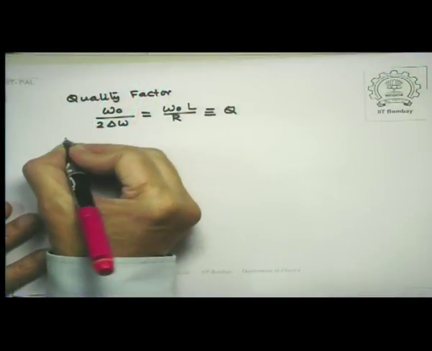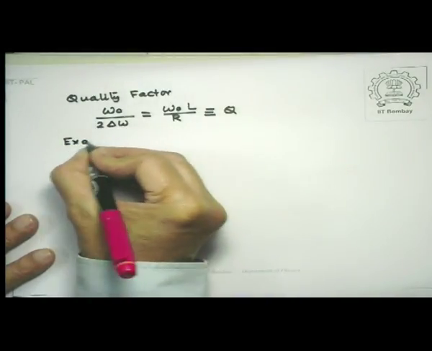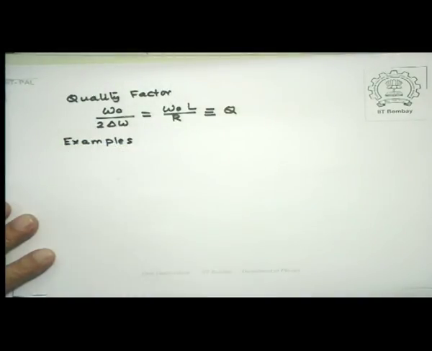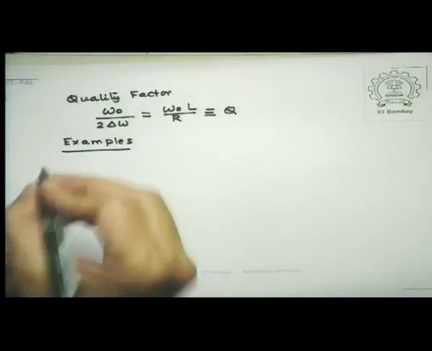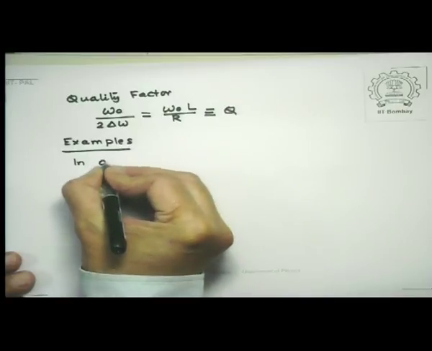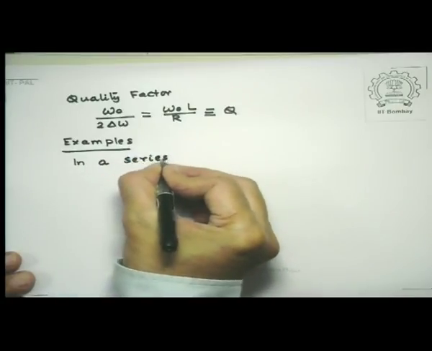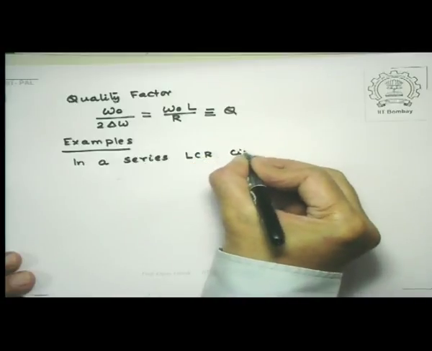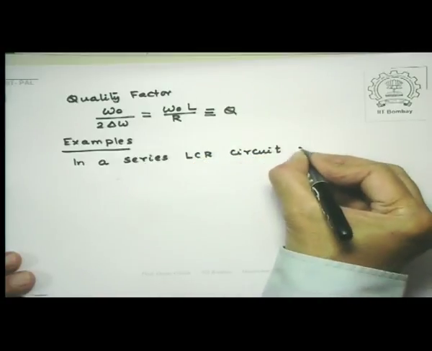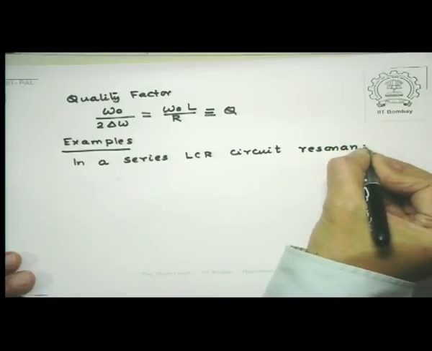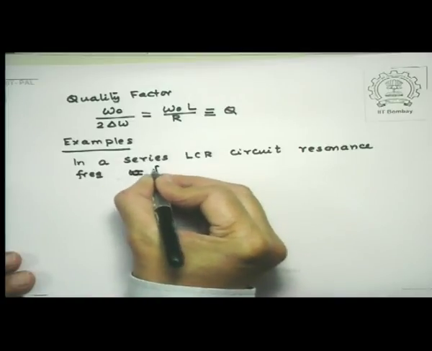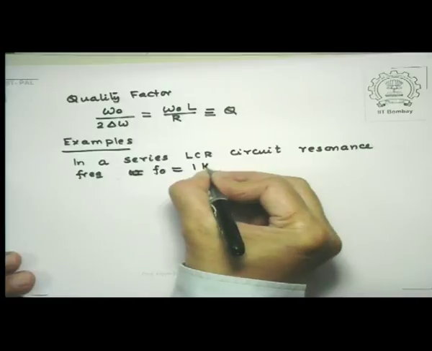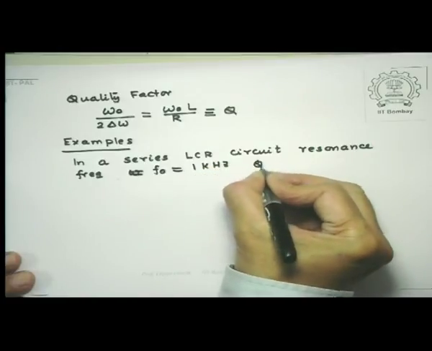So let me give you a few examples. I have a series LCR circuit which has a resonance frequency at, let's say, 1 kilohertz. So in a series LCR circuit, the resonance frequency f0 is equal to 1 kilohertz, and the quality factor is given to be 100.